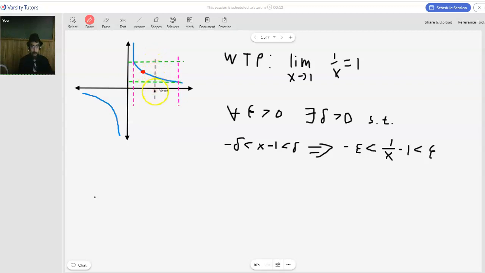This gray dotted line is there because the restriction to the left is tighter than the restriction to the right. So when we say x minus 1 is between negative delta and delta, this is x minus 1 equals negative delta, and this one is x minus 1 equals positive delta. The bounds have to be symmetric around the point that we choose.